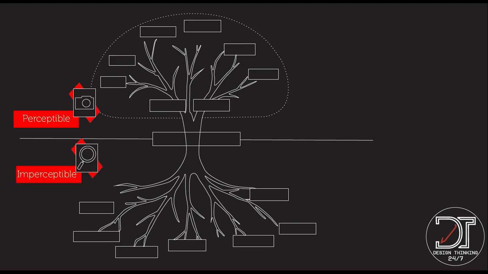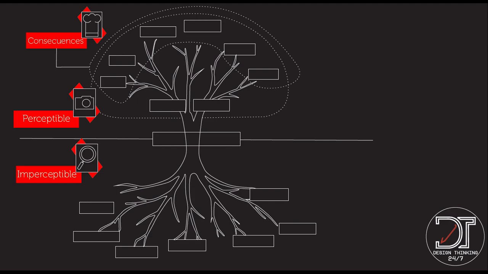So we start from the top of the tree. Why? Because the consequences are the part that you can see of any problem that you're looking at. So if someone is robbing somebody, you can see that that is the consequence of a problem. After that, you start looking deeper to see why he is doing that.